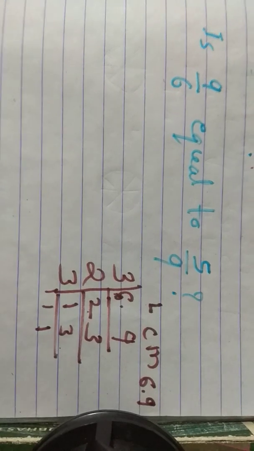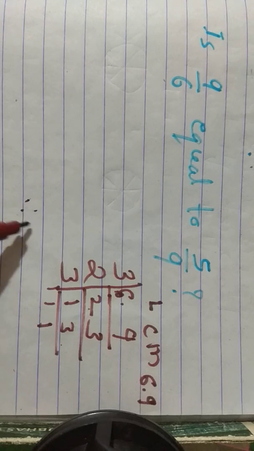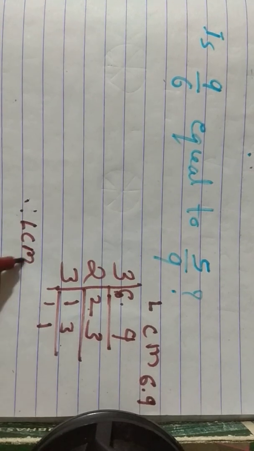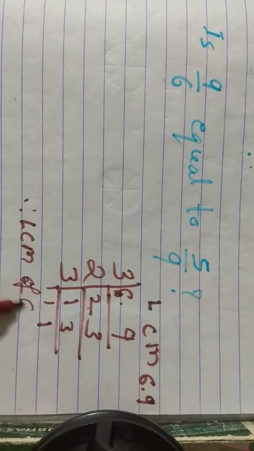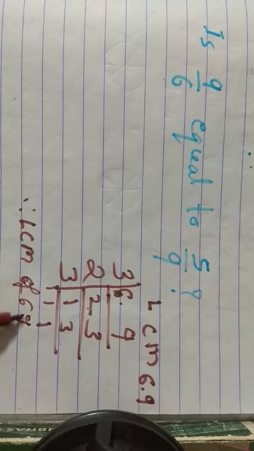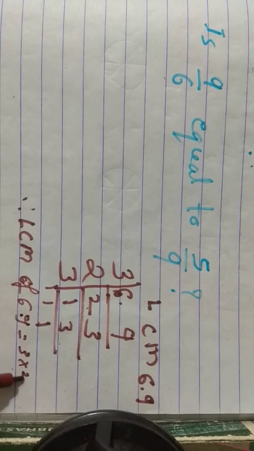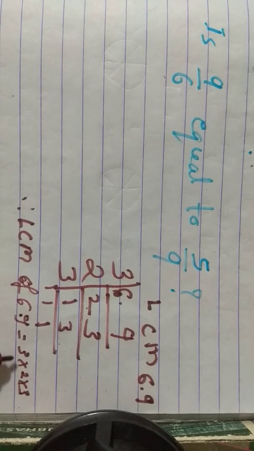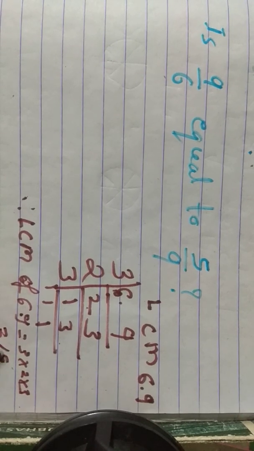Now multiply the factors, that gives you LCM. Therefore LCM of 6 and 9 is equal to 3 into 2 into 3. 3 2s are 6, 6 3s are 18.